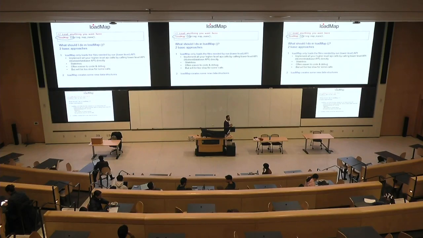Then if you use these data structures, you would basically store this data beforehand. And in this case, you load them in load map. And then once you call those high-level APIs, the ones that you are implementing, you would just go and get the data that you want from that data structure quickly. Okay? Any questions so far?